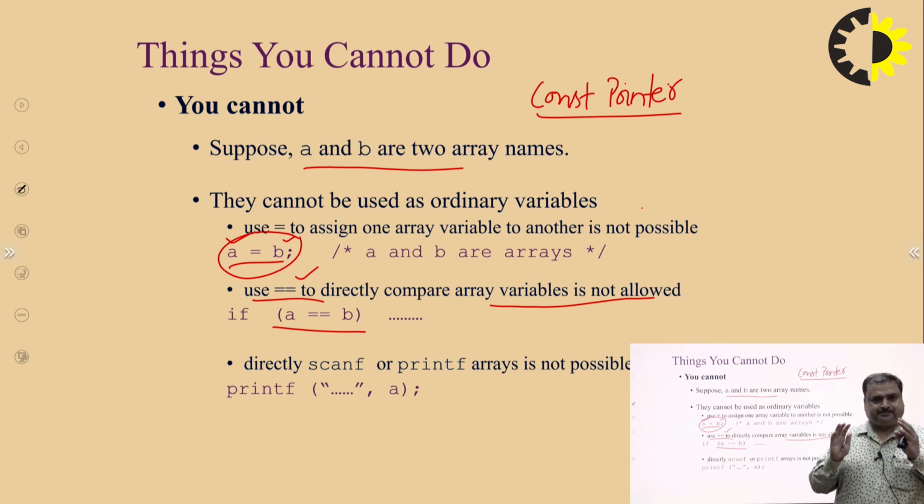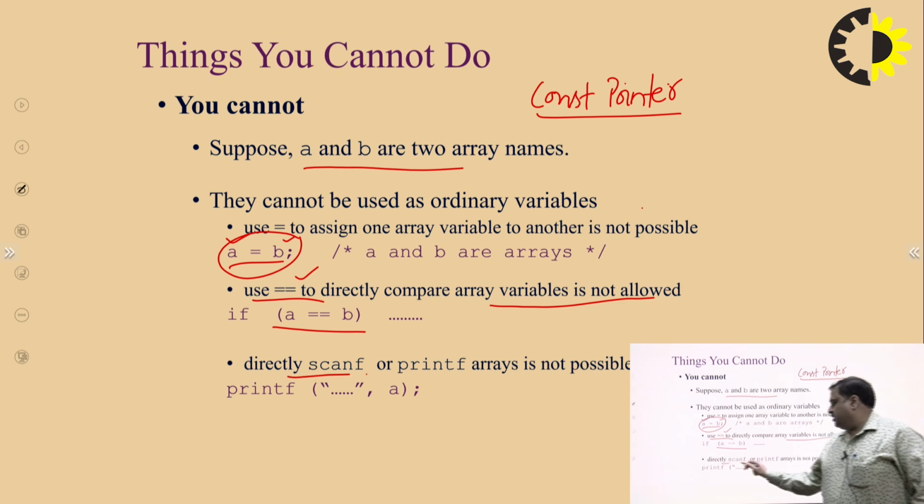So it's not logically correct to use this operator for comparing two arrays. For that purpose, we have separate functionality, or we need to develop a logic to compare, but we cannot use the equal to operator.